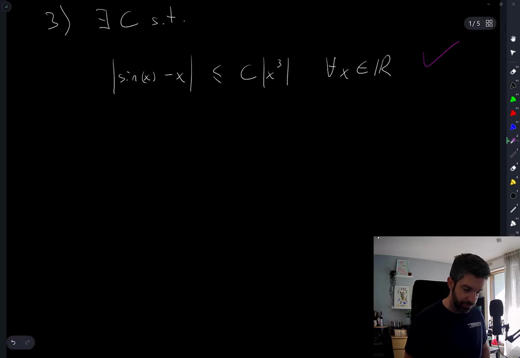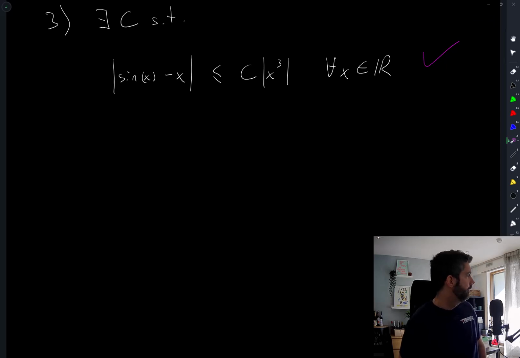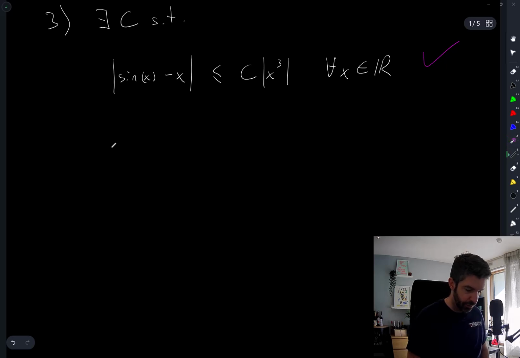This is not asking for the difference between sine x and, what is it asking about? Oh my goodness. Here's another way of seeing that this one is true. Just plot this.